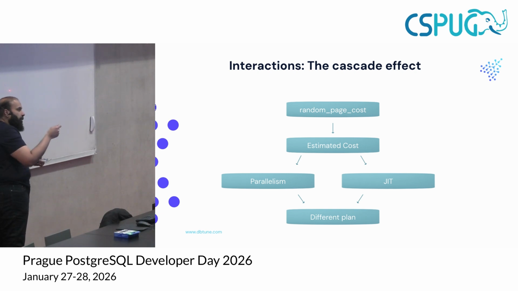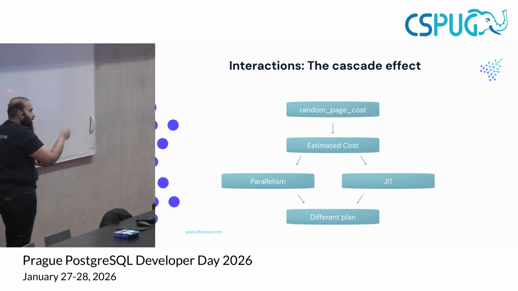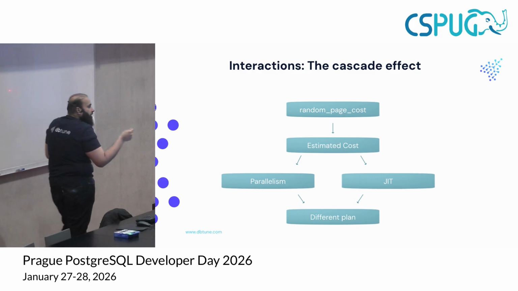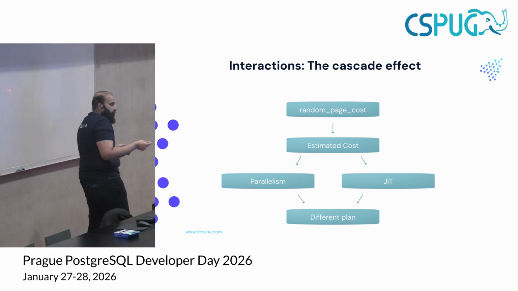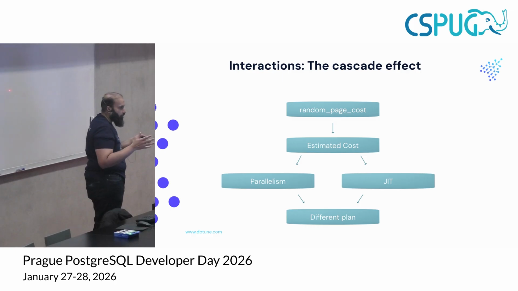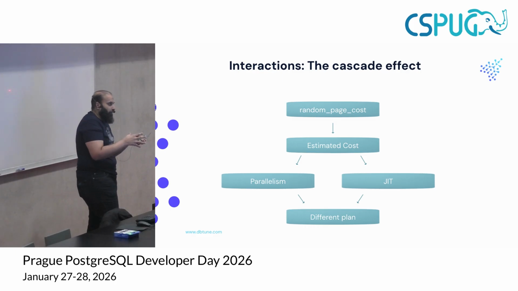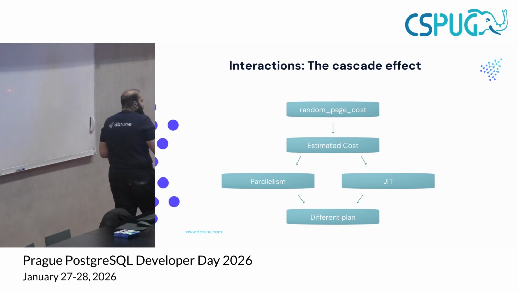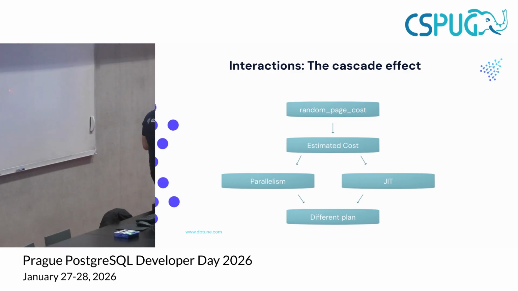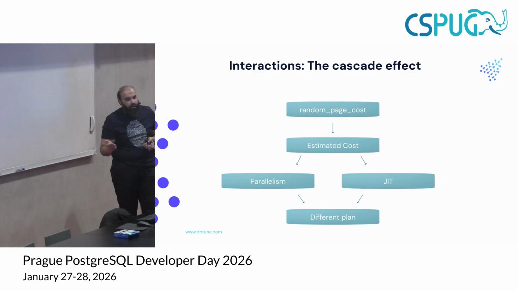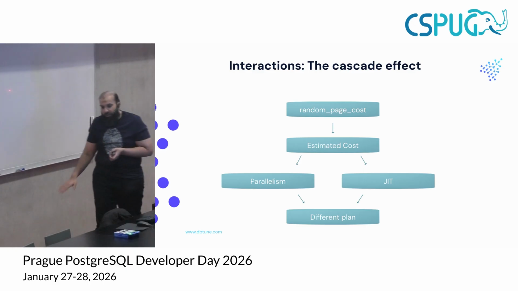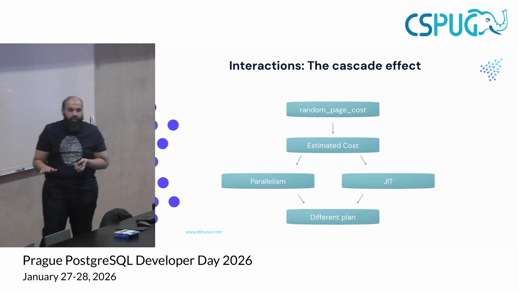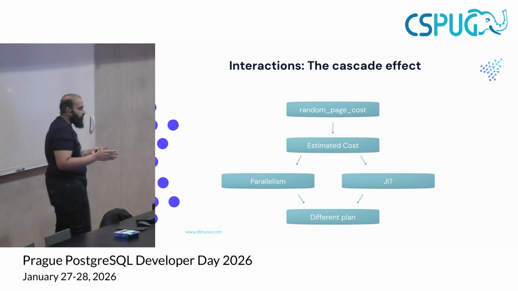A person is just following one factor and it's triggering multiple things. So as I said, it's a web thing. Everything interacts together, so every decision can create a different plan. It can trigger one thing and it can enable a different plan, which can dump the performance. And you will be left thinking, okay, what's happening and what can we do about it?